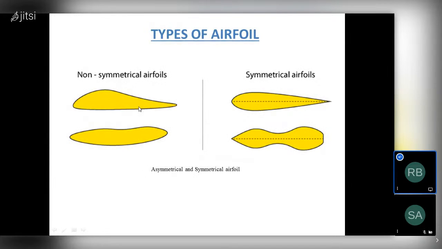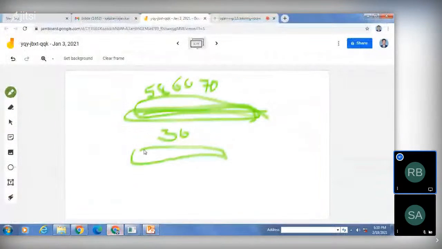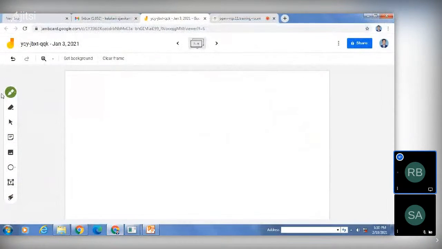So even this aerofoil, what we have, is the shape of a body. Over this shape, air will flow. Suppose we have the aerofoil shape. So in this case, what will happen?